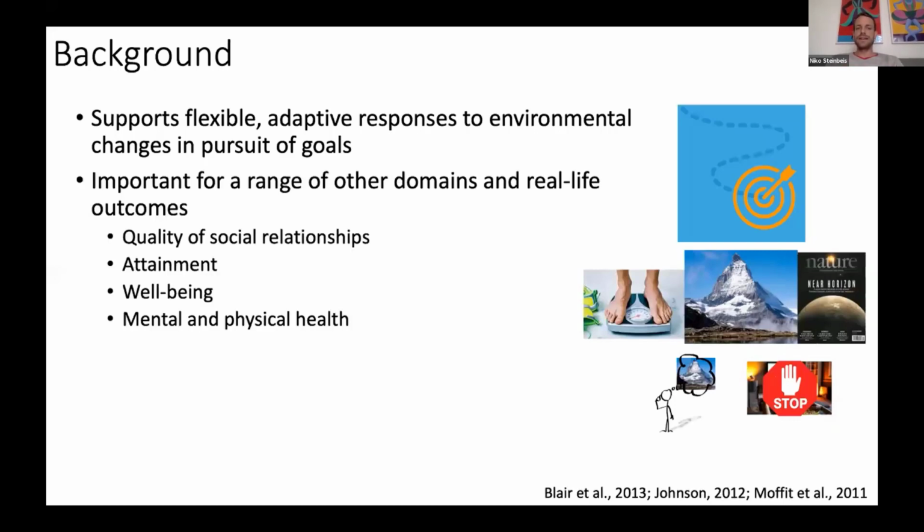And it's been shown to be incredibly important for a range of other domains and real life outcomes. So it supports quality of social relationships. It is very predictive of academic attainment. It's strongly related to well-being as well as mental and physical health.